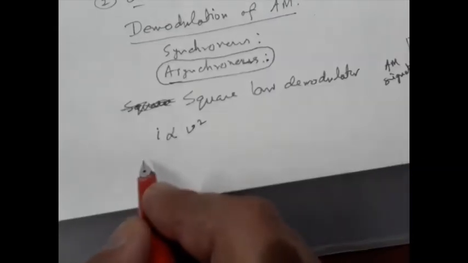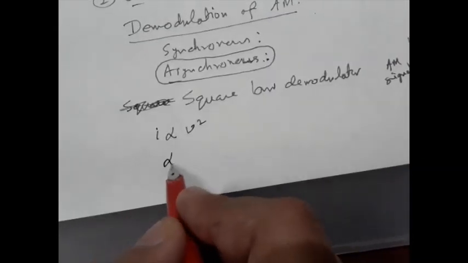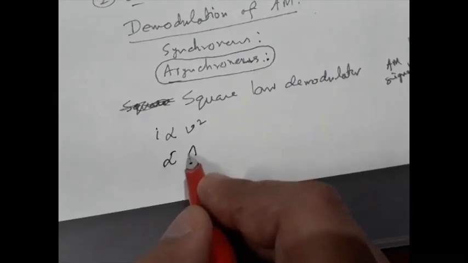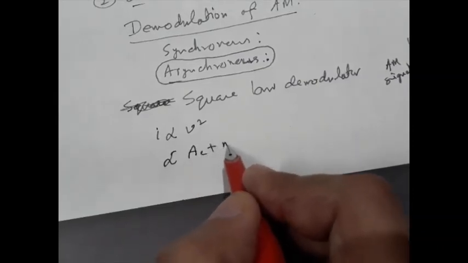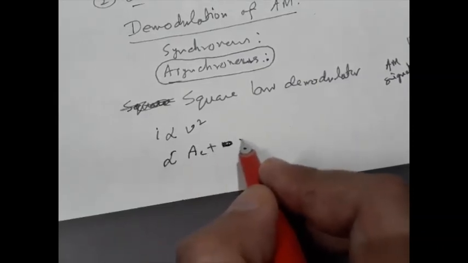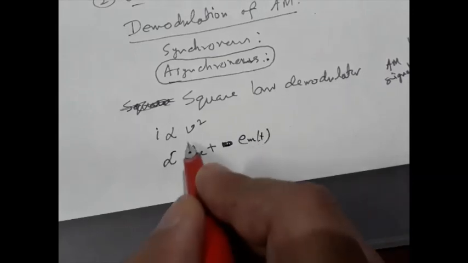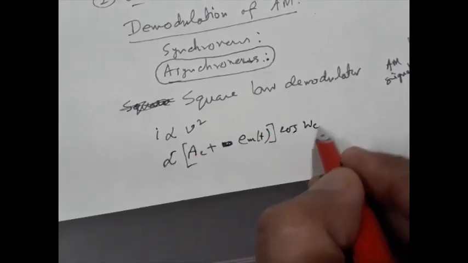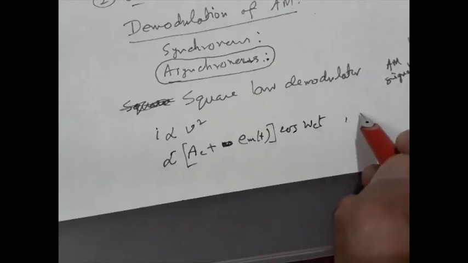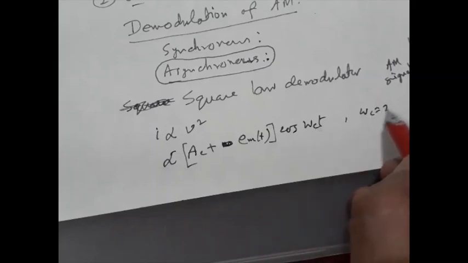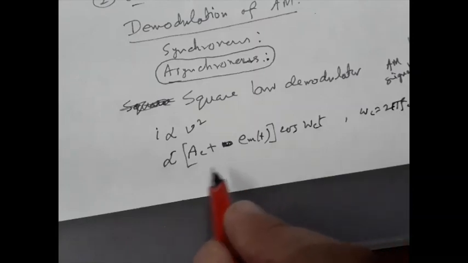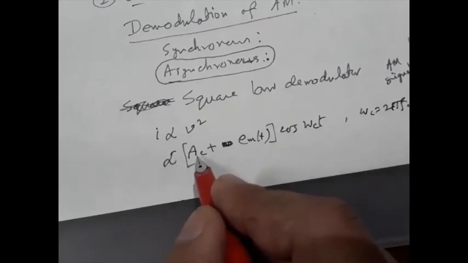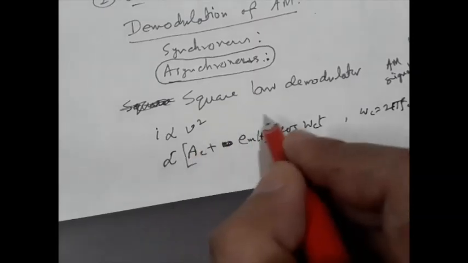So current is proportional to (AC plus EM(t)) into cos omega ct, where omega c is 2 pi fc.